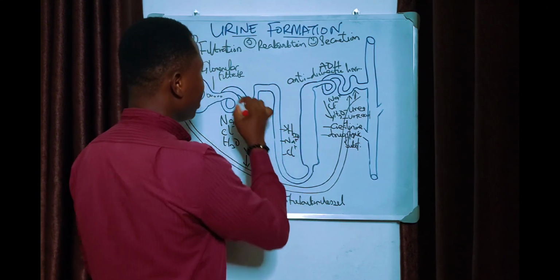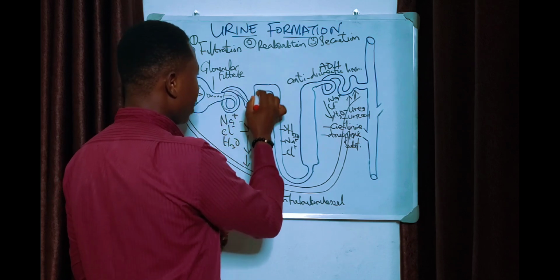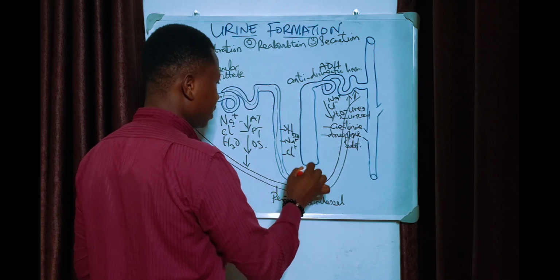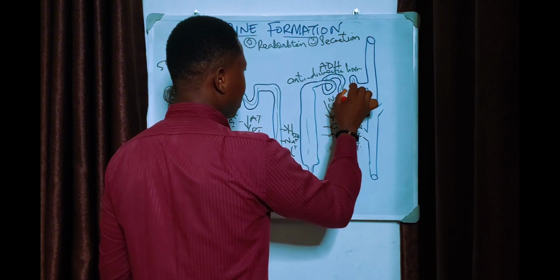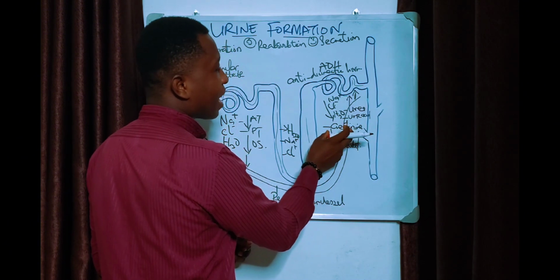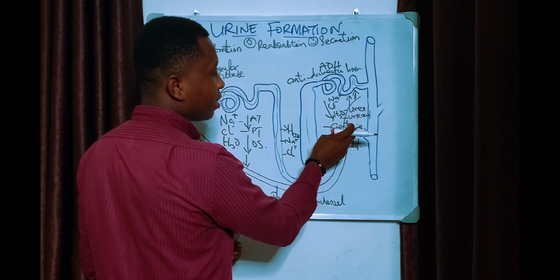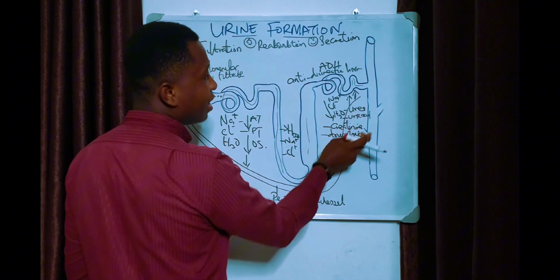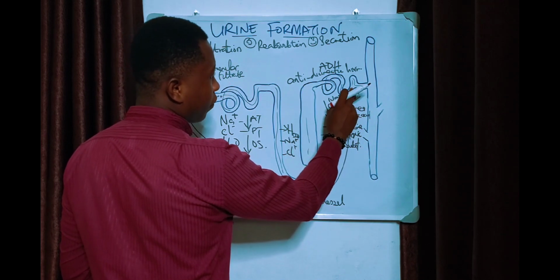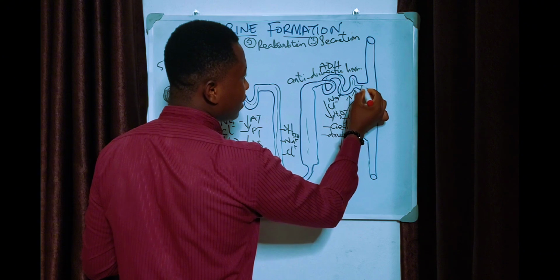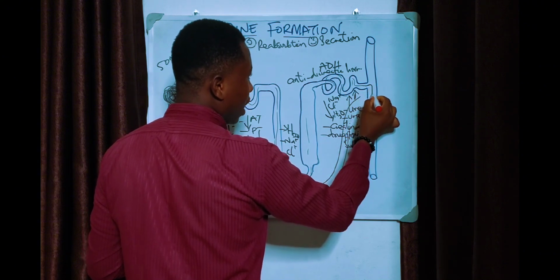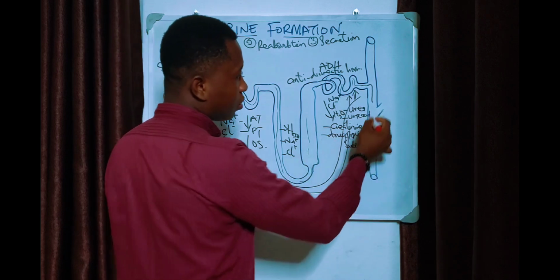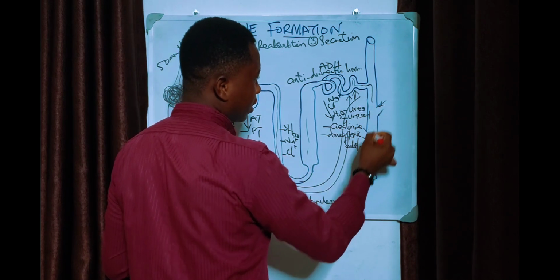So the filtrate that moves here, with absorption and reabsorption taking place, and when these are secreted into the nephron, it is finally expelled into the collecting duct. Now, if you notice, this collecting duct has other entrances.